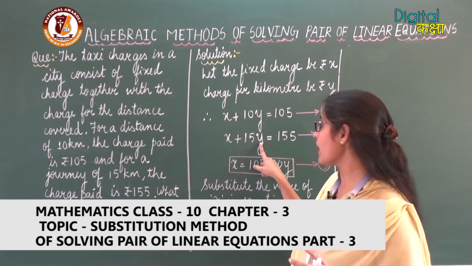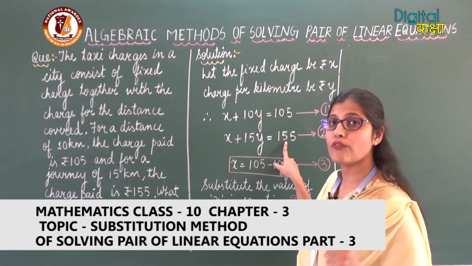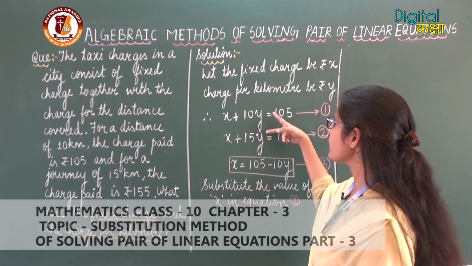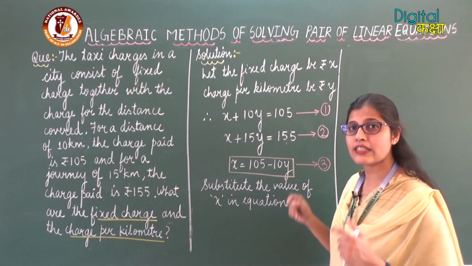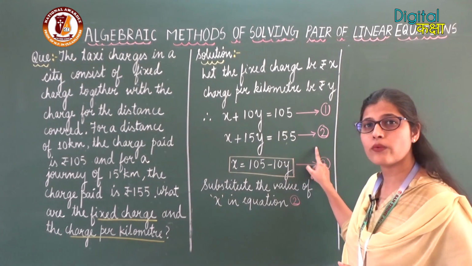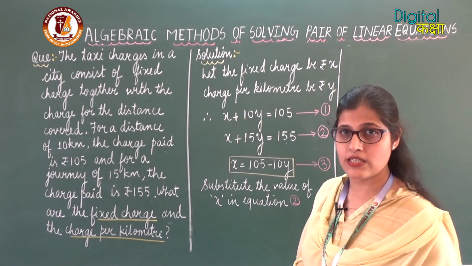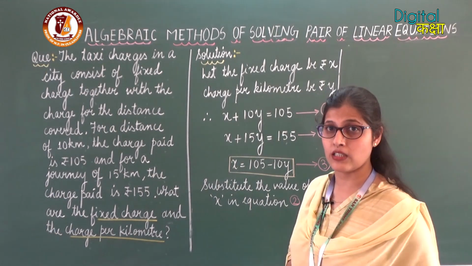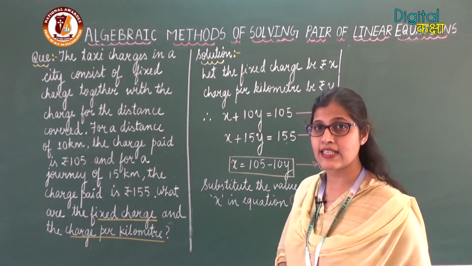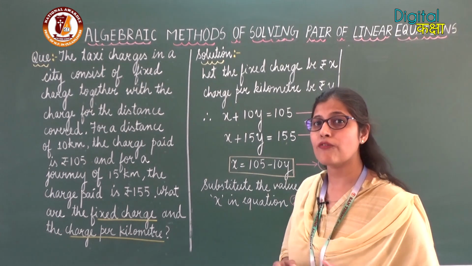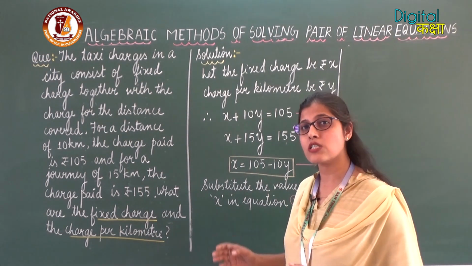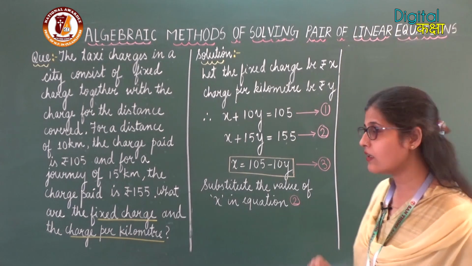So, the total amount will be equal to 155. Here we got two equations. We will mark them as equation 1 and equation 2. Now we will be solving both the equations by the substitution method to get the value of x and y, that is the fixed charge and the charge per kilometer.